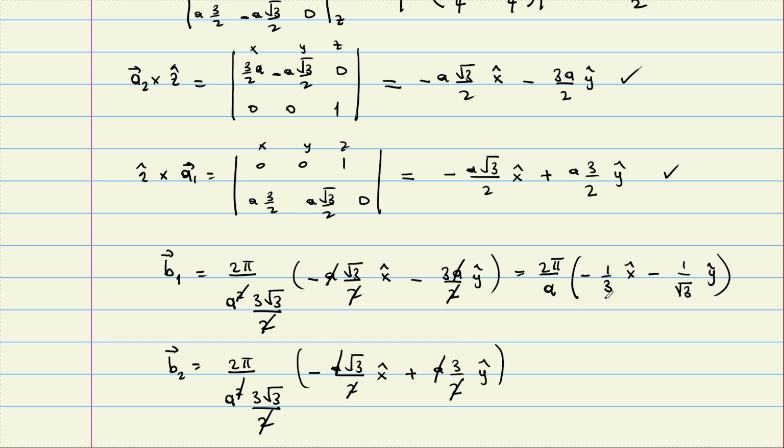Yes, this seems to be correct. And this one is going to be 2 pi over a times minus 1 over 3 x hat plus 1 over root 3 y hat.